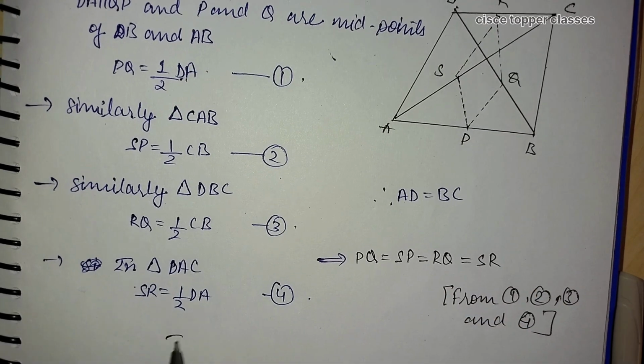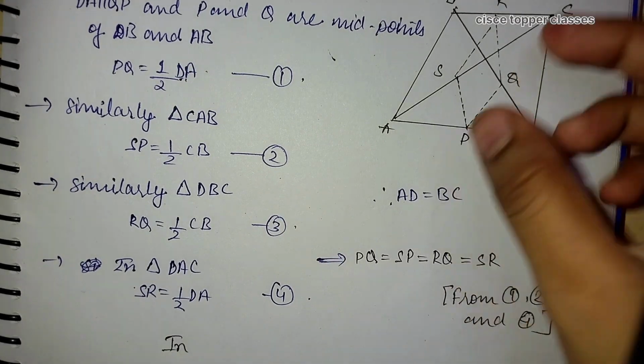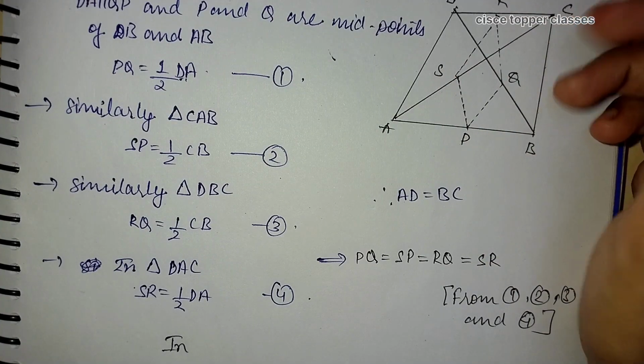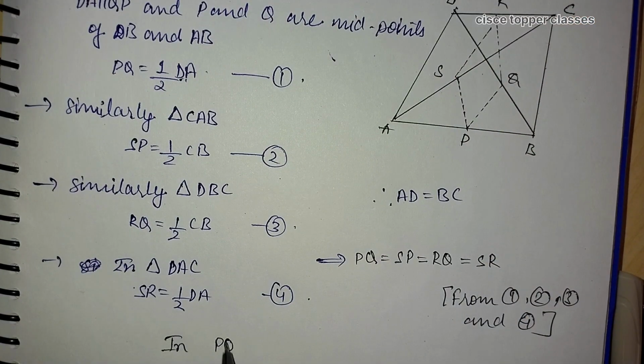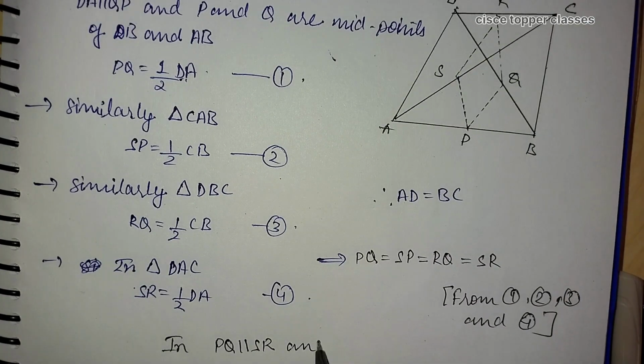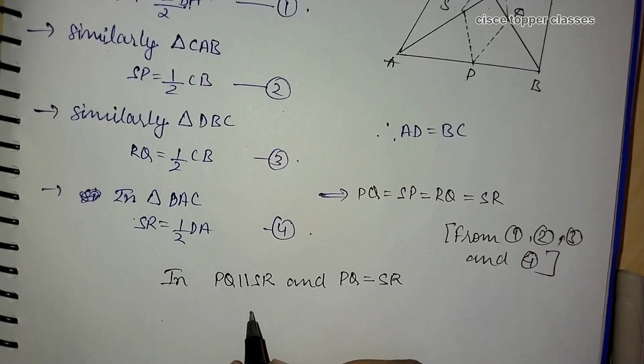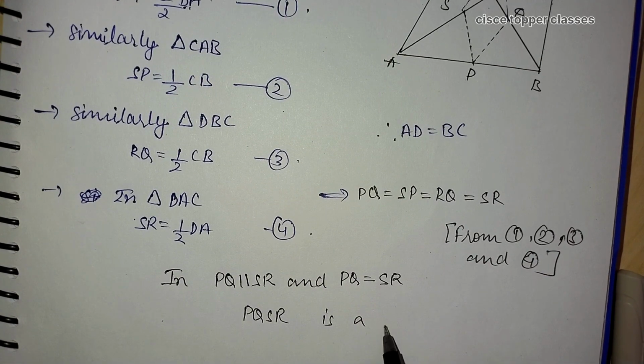Now, from this conclusion, we can write that PQ is parallel to SR also. So, as PQ is parallel to SR, and PQ is equal to SR, we can write that PQRS is a parallelogram.